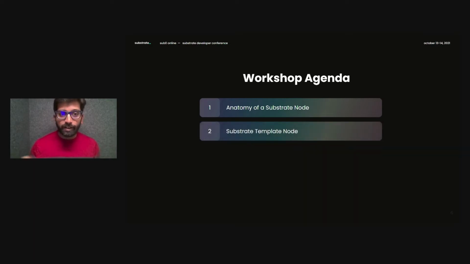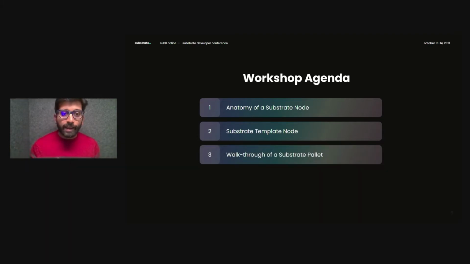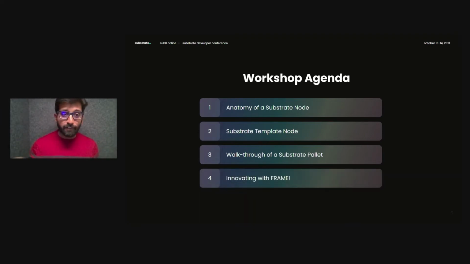The next part is about the node itself. What did Substrate developers provide to you with the template node? We're going to take a look at that code briefly, and I'm going to walk you through the source code of a Substrate pallet, and finally, talk about innovating with Frame, which is the theme of this workshop.